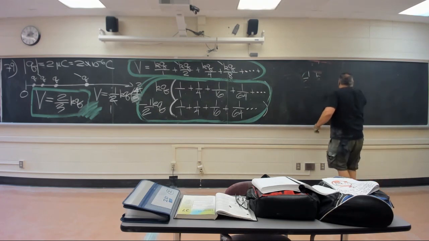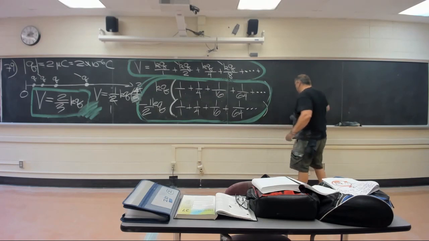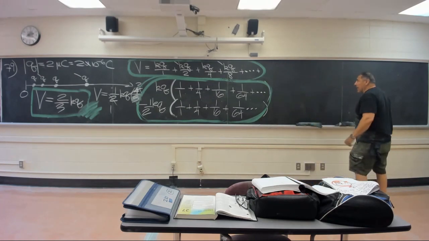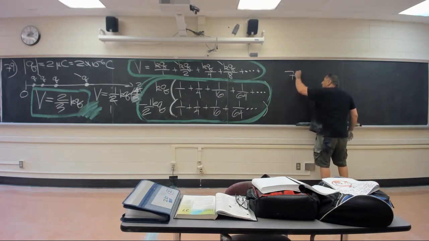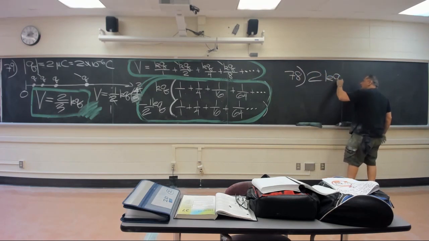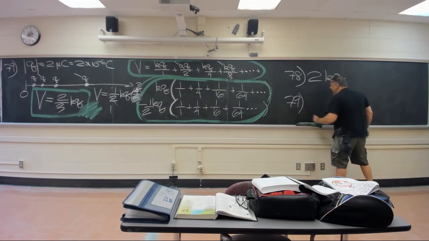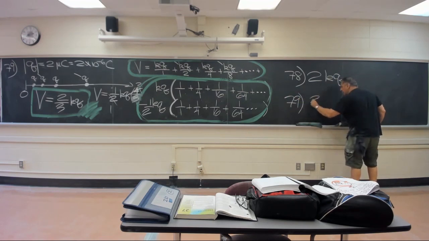So I thought the answer key was wrong. On occasion the answer key is wrong. On occasion I'm wrong. On occasion we're all wrong, I guess you could say, right? But 78 was 2 KQ, as we said. And 79 was 1/3 of that. And it makes sense it's not going to be as much potential.